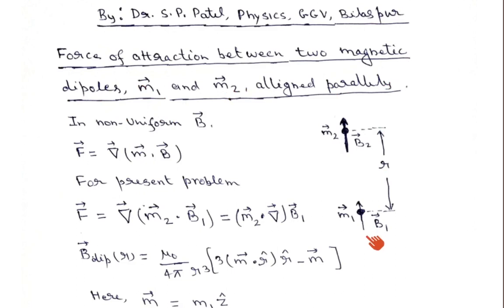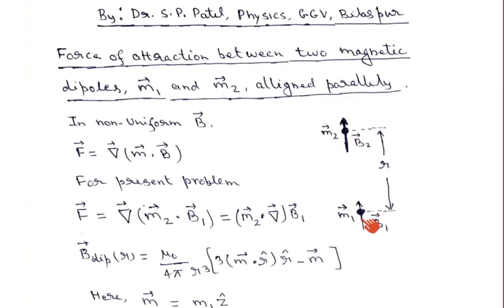Let us say we have a dipole m1 and this is dipole m2, and they are kept at a distance r apart. Both are kept at distance r from each other, and the alignment of both dipoles is in a parallel direction, meaning both are in the same direction.